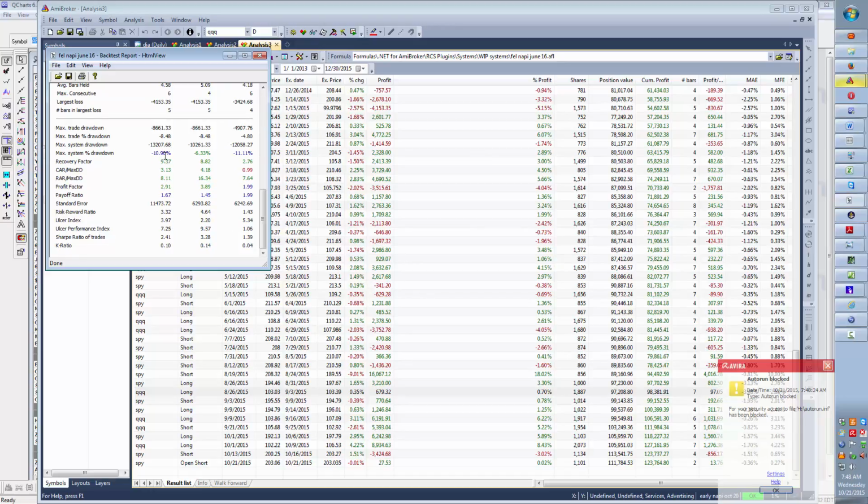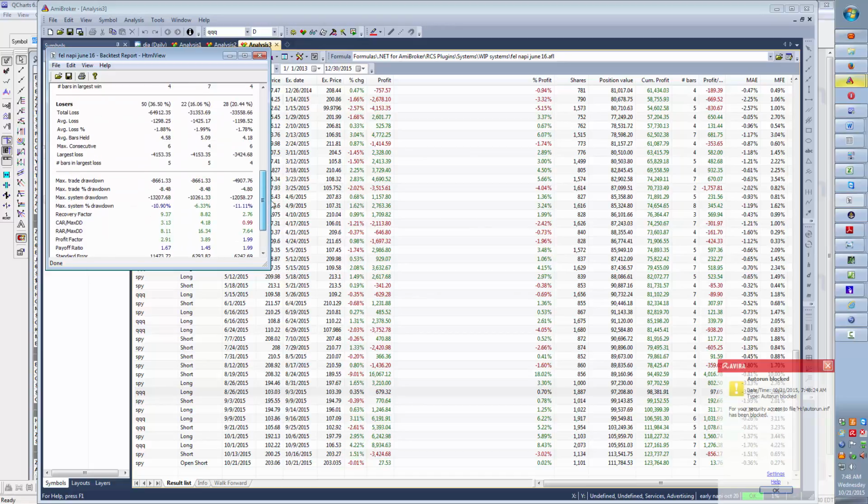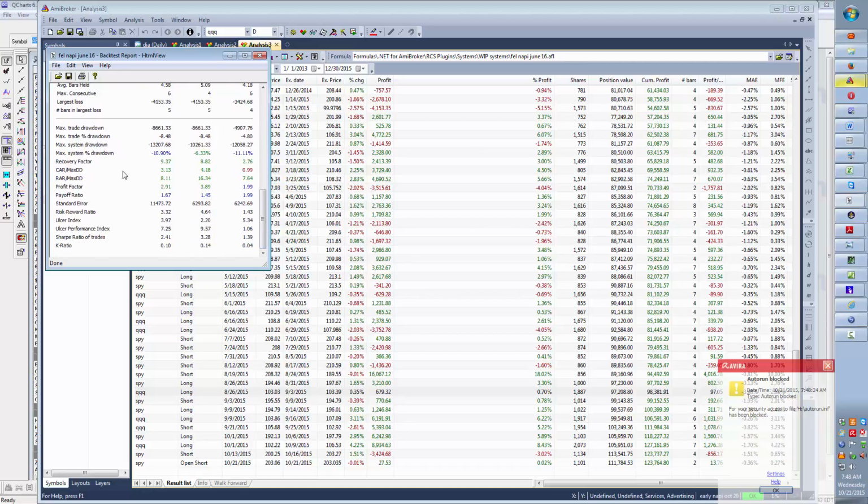Okay. And a Sharpe ratio of 2.41, which is a decent number. And the other thing we like to look at is the CAR max DD. What that does is that combines the calculated annual return and the max drawdown, and it comes up with a positive number of 3.13.